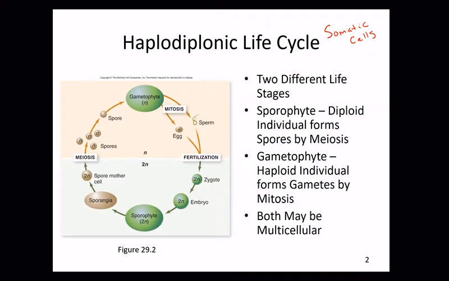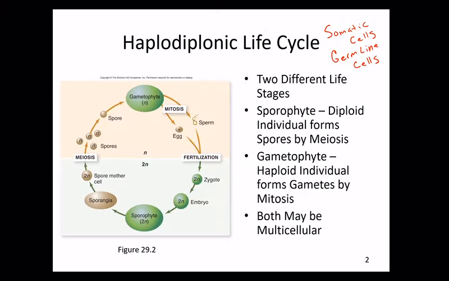These are cells that are not able to go through meiosis, and therefore they don't form the gametes. The other type of cells were the germline cells, the cells that go through the process of meiosis and are going to form the gametes, the sperm and the egg that are present in the animal.